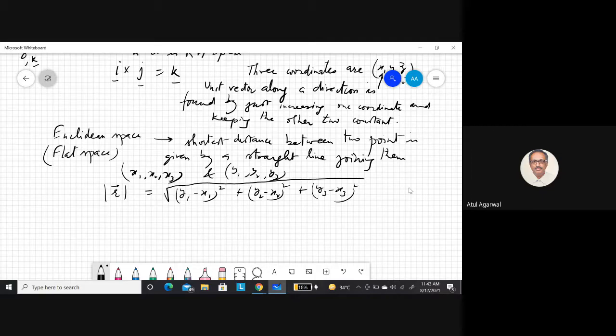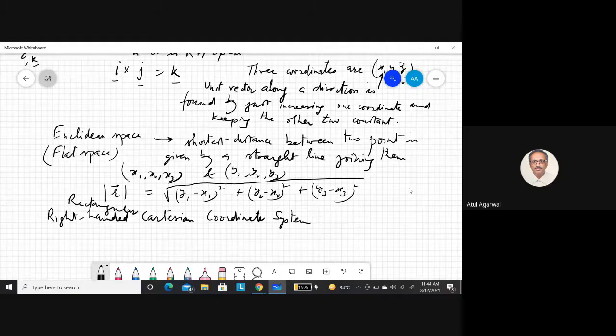So this is also called a right-handed Cartesian coordinate system. In fact, it is called a rectangular Cartesian coordinate system, in which we have chosen a right-handed system, or RCC.